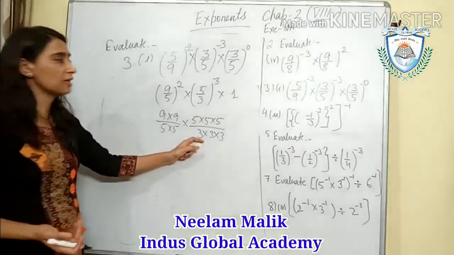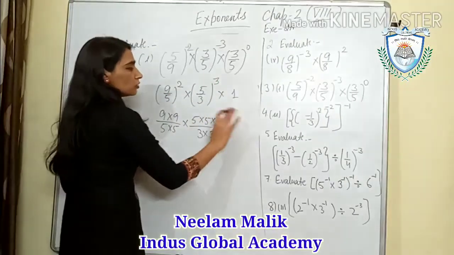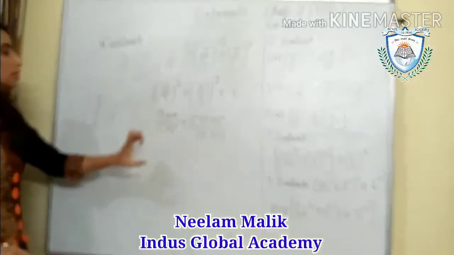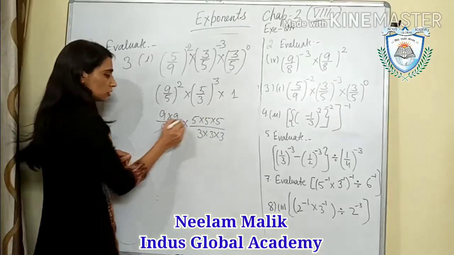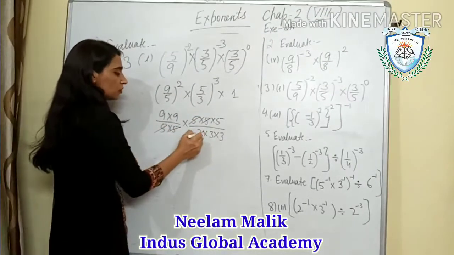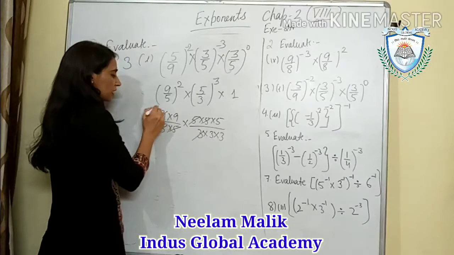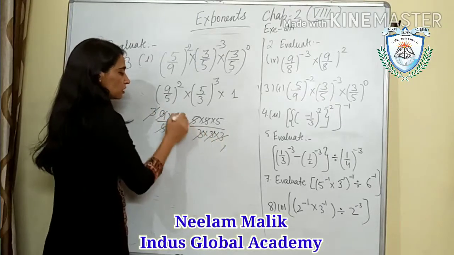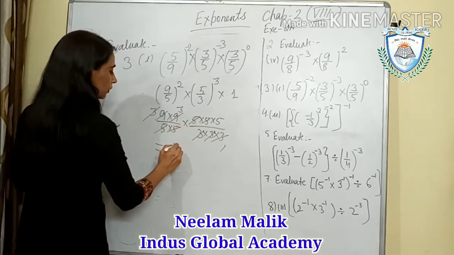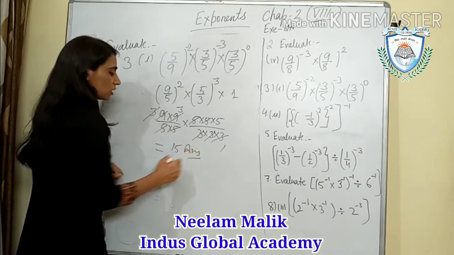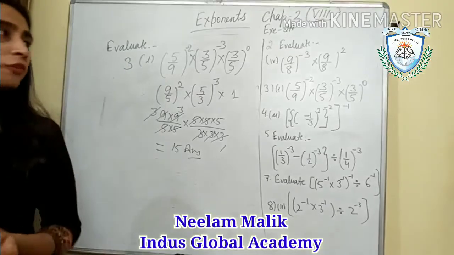So I write it like this, 1 into 1. So when we multiply with 1, the answer will be the same. So I am not writing 1 here. Now the 5s, there are two 5s, they will be cut. The 3s also cancel. So what is left? Here is 3 and here is 5. 15 is left. So our answer is 15.